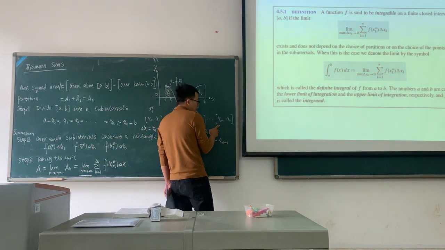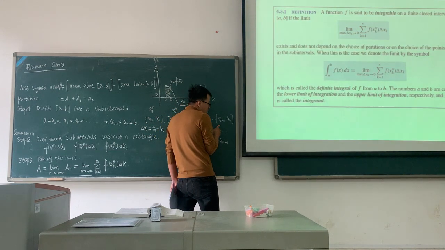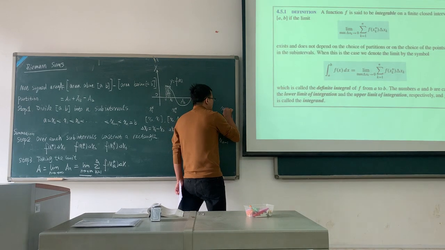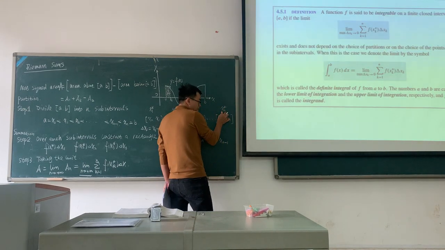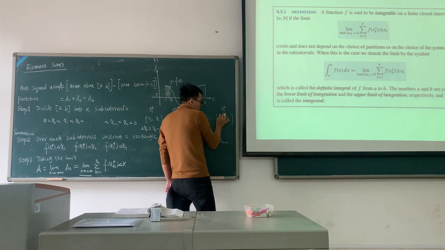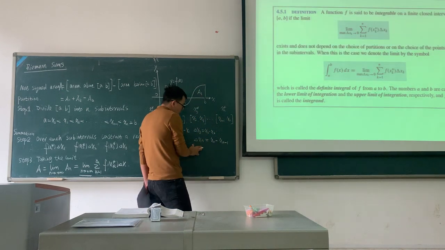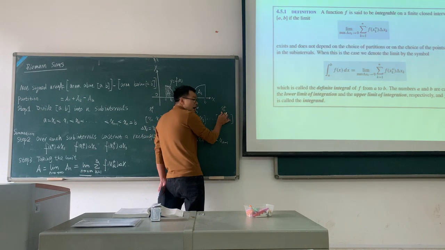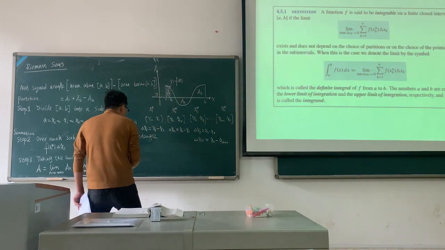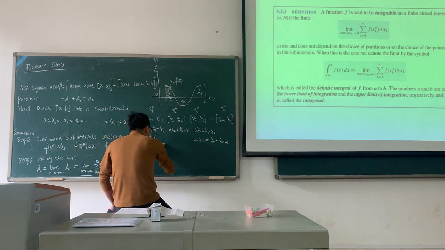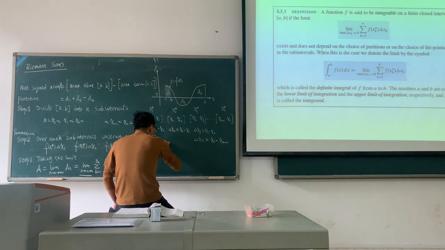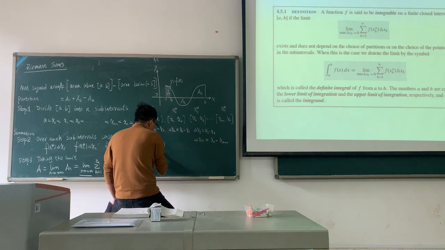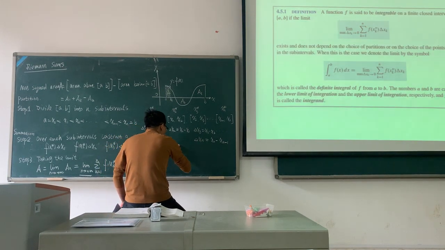For the last subinterval, we choose a point xn star. It's the same: we use delta xn as the base and f(xn star) as the height. The area of the last rectangle is f(xn star) times delta xn.